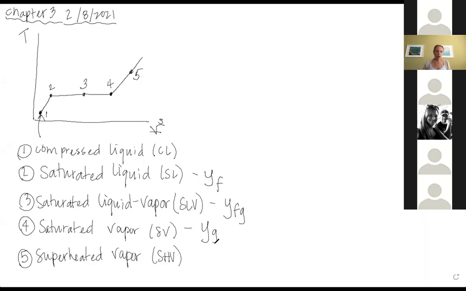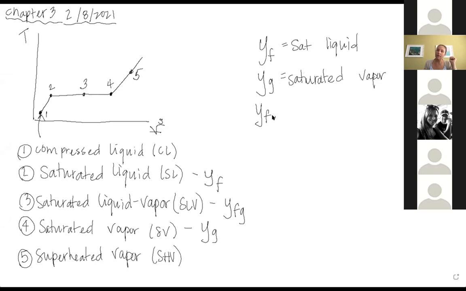So here we can see that if we have Y sub f, this is a saturated liquid. So it's all liquid about to turn into a vapor. If we have Y sub g, this could be internal energy, enthalpy, specific volume, or entropy. I'm just using Y as a placeholder. I'm sorry, Y sub g is our saturated vapor.